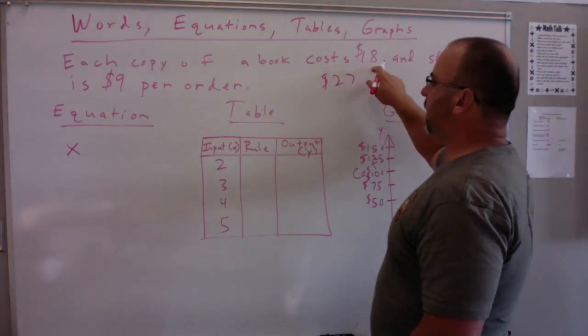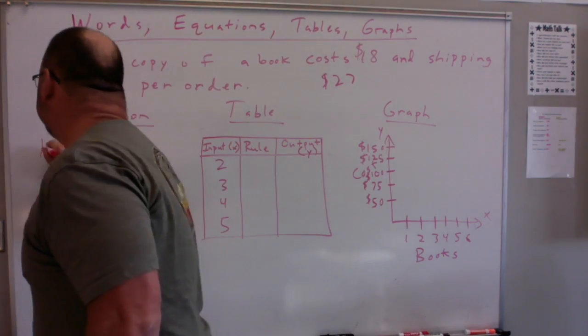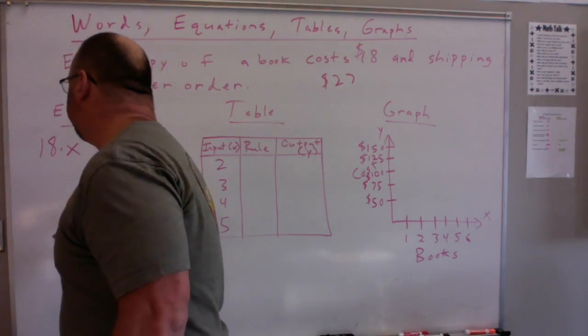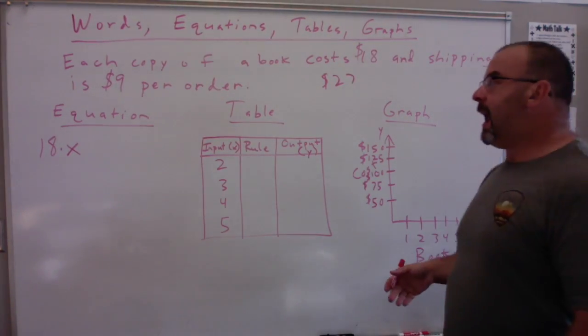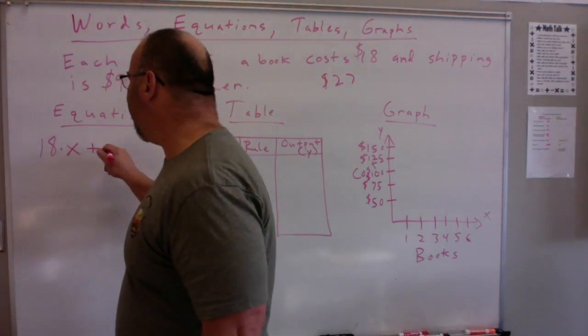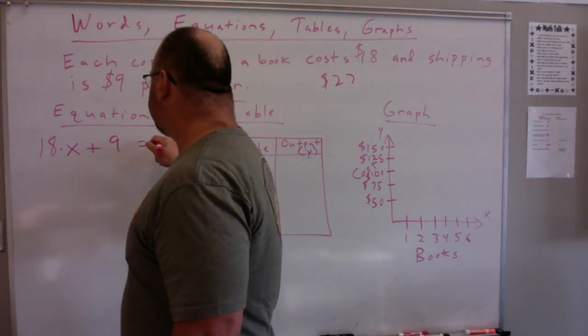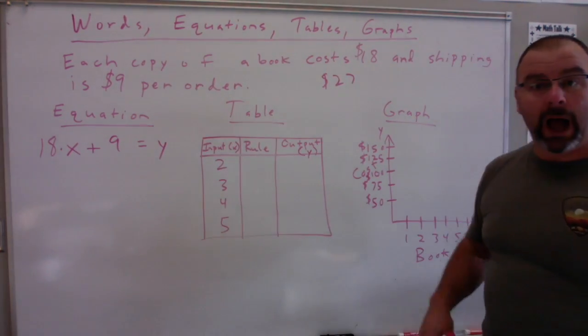Each book costs 18. So I'm going to multiply that by 18. 18 times the number of books. 18 times X. And then I'm going to add on what? It's $9 per order. So I have to add on 9. And that's going to equal the total for the output, which is the Y.